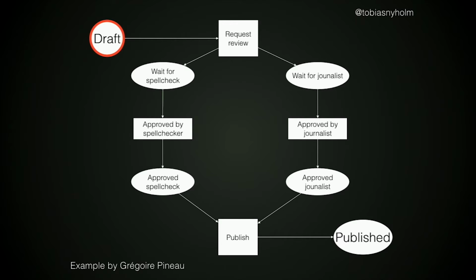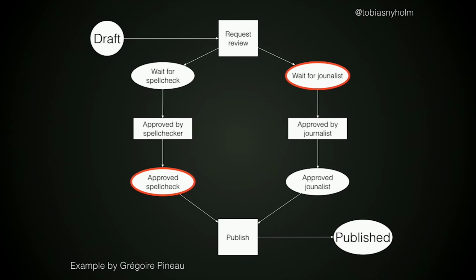The blog post starts in draft, and then I do the transition request review. So I want to have a review from both the spell checker and the journalist. And as you can see, now I'm in two places at the same time. This is fine since it's a workflow and not a state machine. So I can be in two places at once, and the spell check is kind of automatic, so it goes pretty quickly.